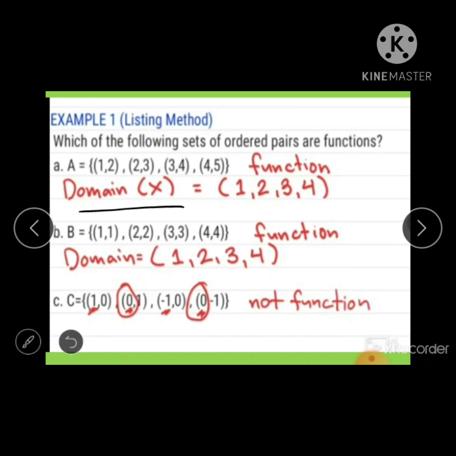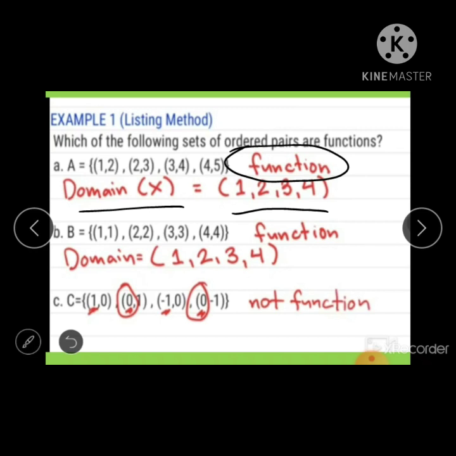They are 1, 2, 3, and 4. If you can see, there's no repeated domain. So example A is a function.